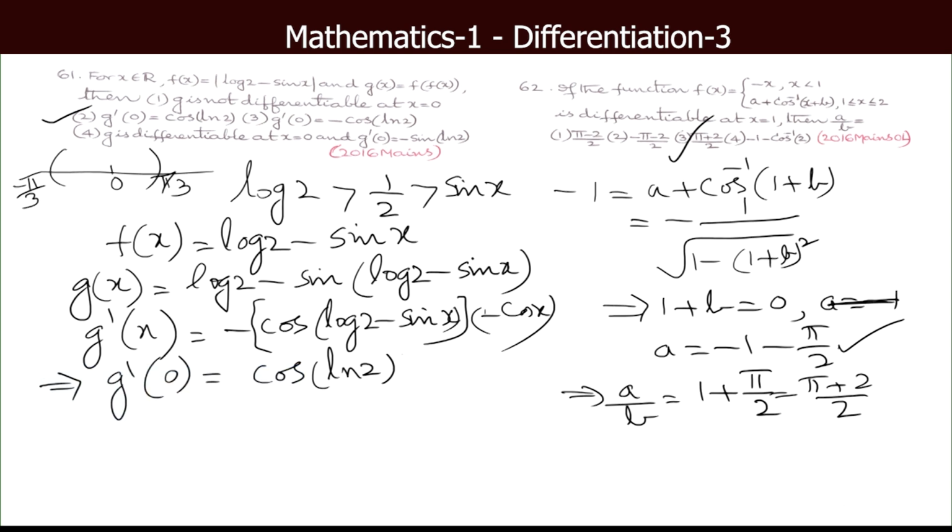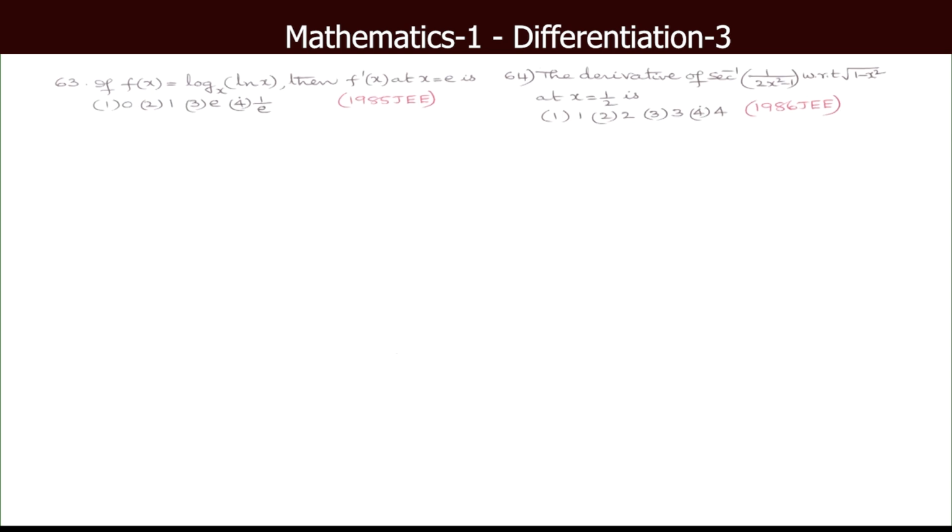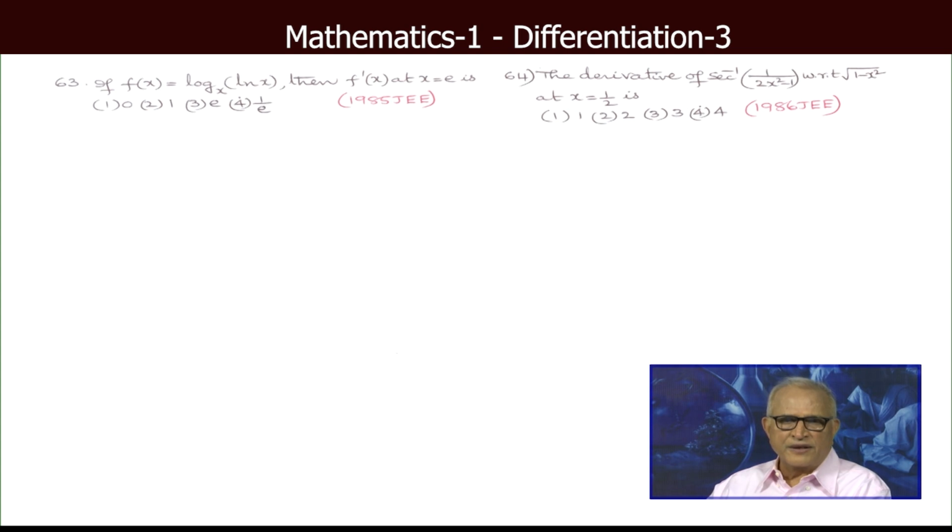Okay. Next, 63. If f(x) equal to log of ln x to the base x, be careful here. The first logarithm has the base x, the second logarithm is the natural logarithm, in that order. So, what is the derivative f dash x at x equal to e?